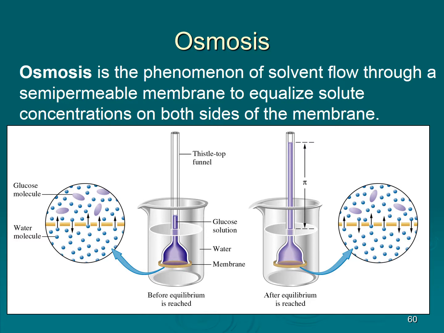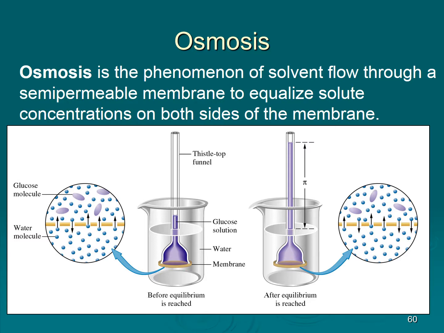That height is labeled pi in this picture, the height from the original level to where it rose to. The column of solution has risen, and that's called osmosis. That will naturally happen.